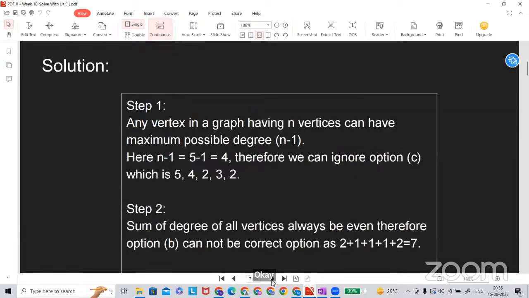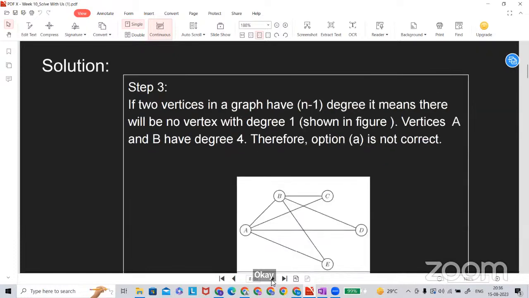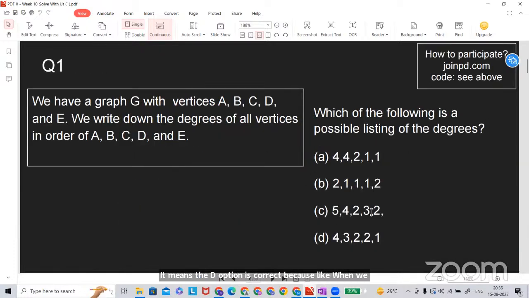Sir, it means the D option is correct because when we think of degree, we should be thinking in a way that one vertex is connected with how many vertices. Yes. We have to think that this is the fact for any graph, for any vertex. The 3 points you mentioned are correct, those are the rules in graph theory.